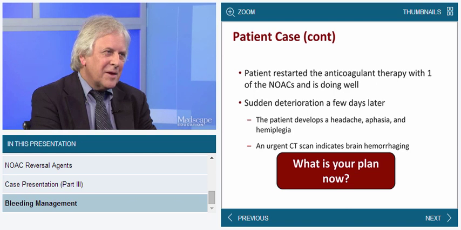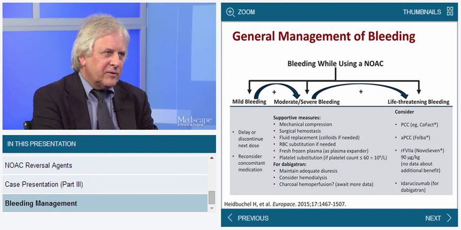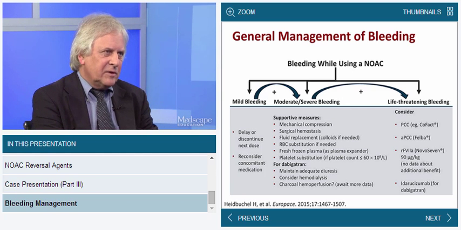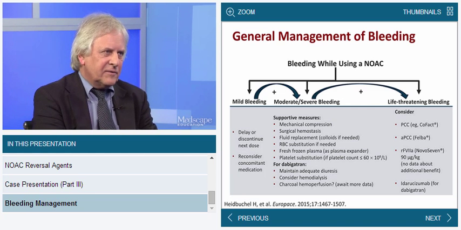What's your plan now? Well, first of all, this is a very unlikely scenario, because the risk of bleeding into the brain with the novel anticoagulants is much lower than with warfarin. But now it happened. So I think if you have the antidote available, you would give the antidote to prevent the growth of the bleed. It has no impact on the initial size of the bleeding.